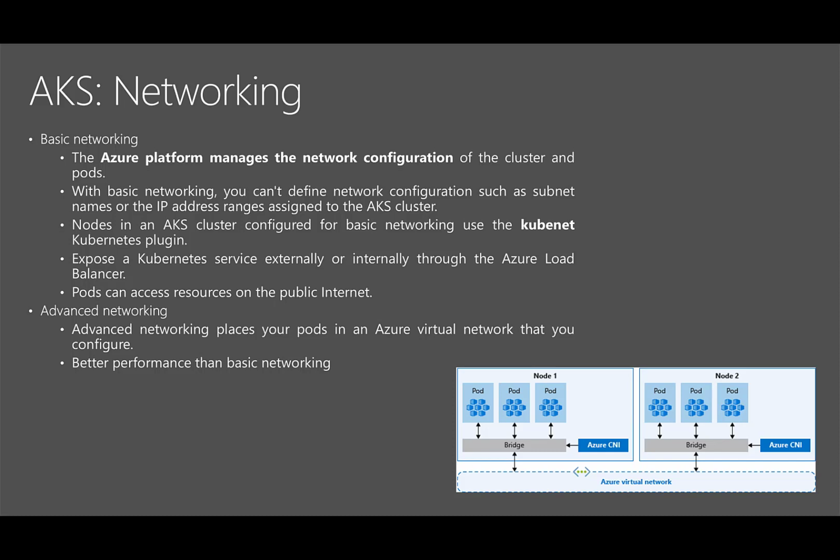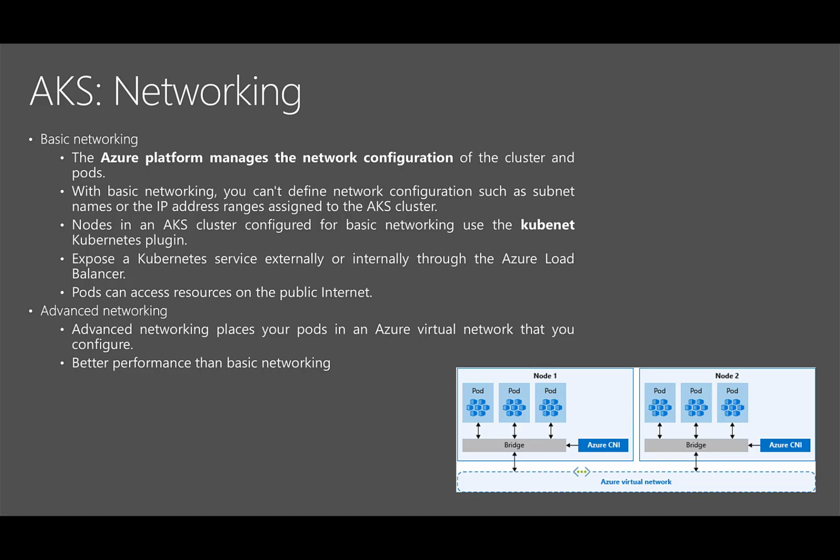It uses the Kubenet plugin, which is known to be kind of slow, so you get a performance hit there. And you can expose your Kubernetes service externally through an Azure load balancer. And pods can access resources on the public internet.